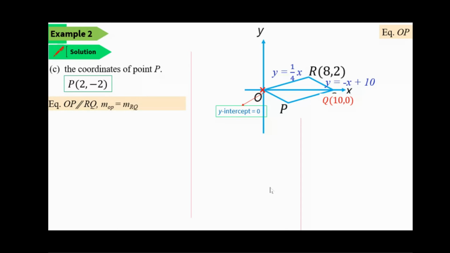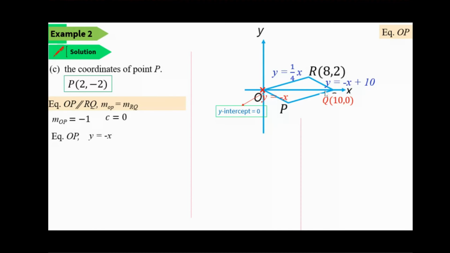We can grab the gradient from equation RQ, y equal negative x plus 10, which is equal to negative 1. Then we can see the y-intercept is equal to 0. Therefore, the equation of OP is y equal to negative x.